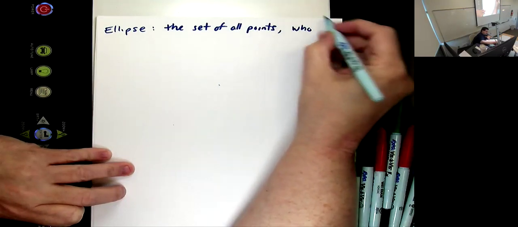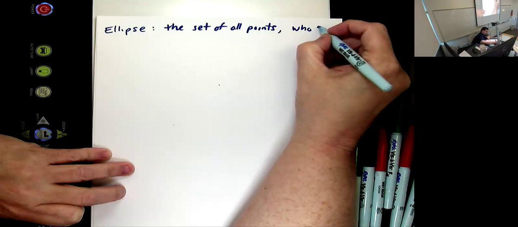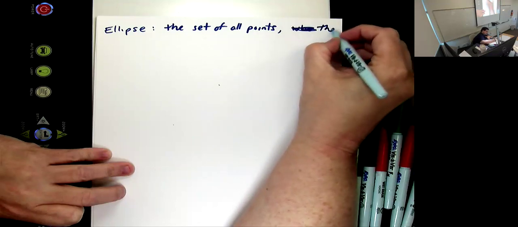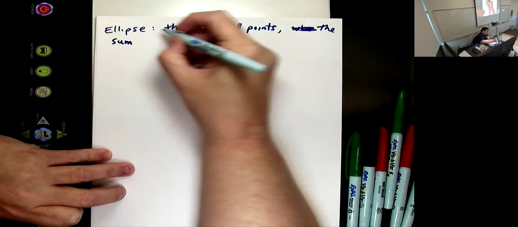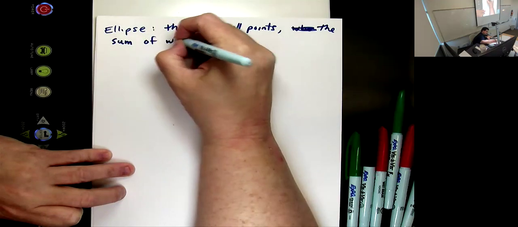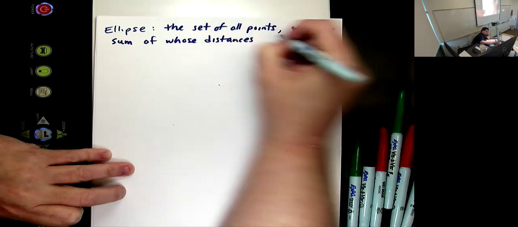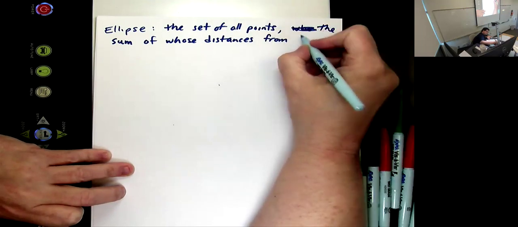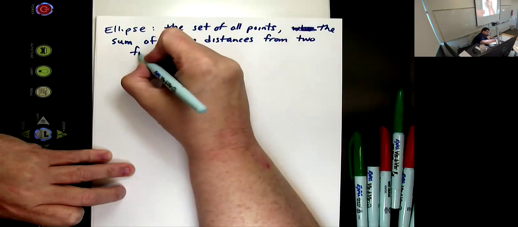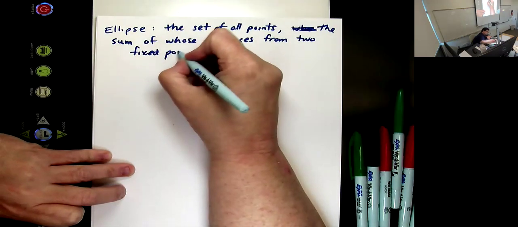Whose sum of whose distances from two fixed points is constant.